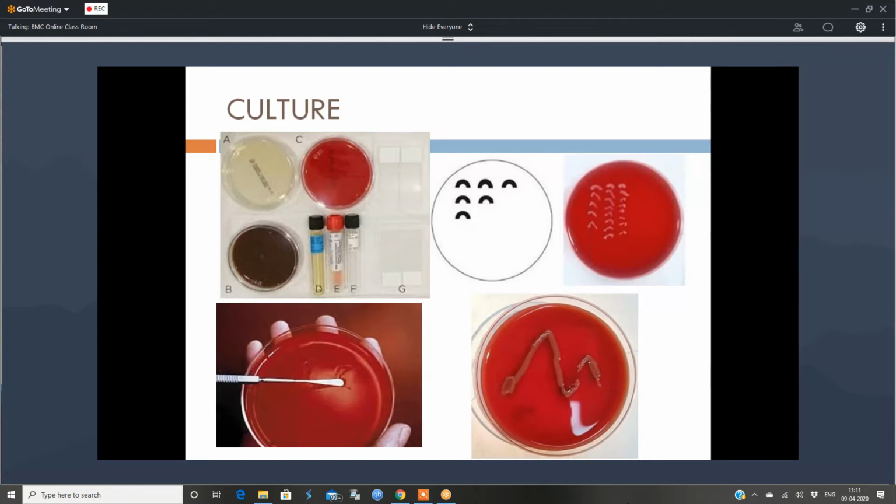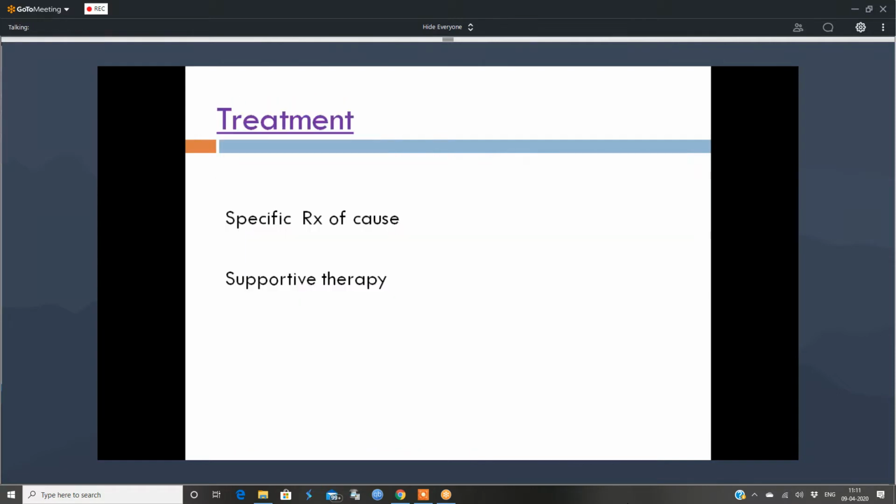bacterial culture sensitivity. Whatever scraping you have done, we will inoculate on the blood agar in the form of a C-shape, as I have shown in the figures, and then look for growth. But your microbiology report is going to take some time, right?